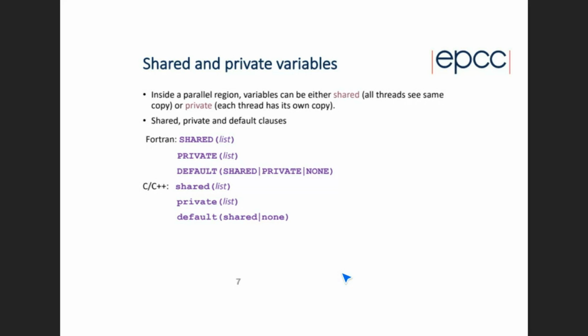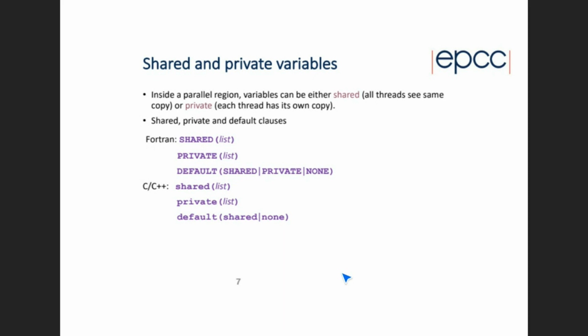So basically, again, remember, inside a parallel region, variables can either be shared, where all threads see the same copy, or private, where each thread has its own copy. To control this, we have shared, private, and default clauses. The syntax is pretty similar for both languages.